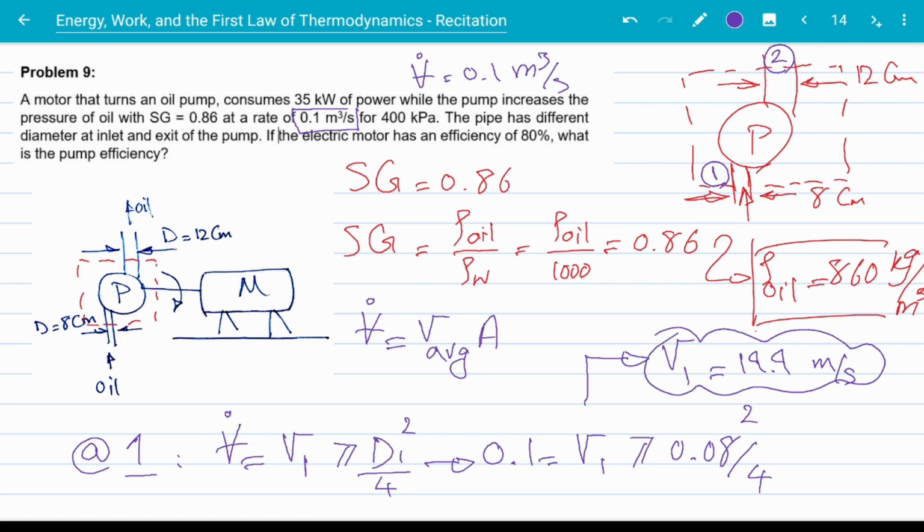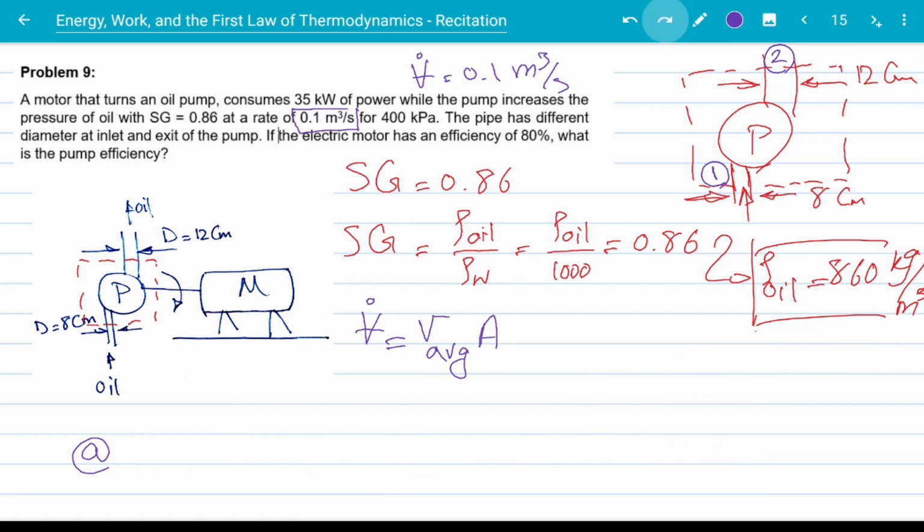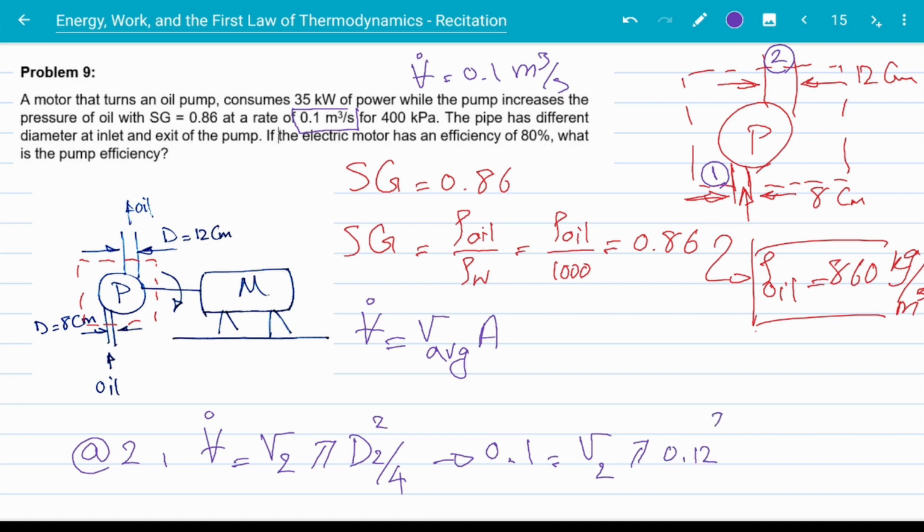Okay, we can do the same thing at the exit. So at section 2, or at the exit, we know that the volumetric flow rate is equal to velocity 2 times the area, which is pi d2 squared over 4, which if we plug in numbers is 0.1 equals velocity 2 times pi times 12 centimeters, which is 0.12 meters, squared over 4.